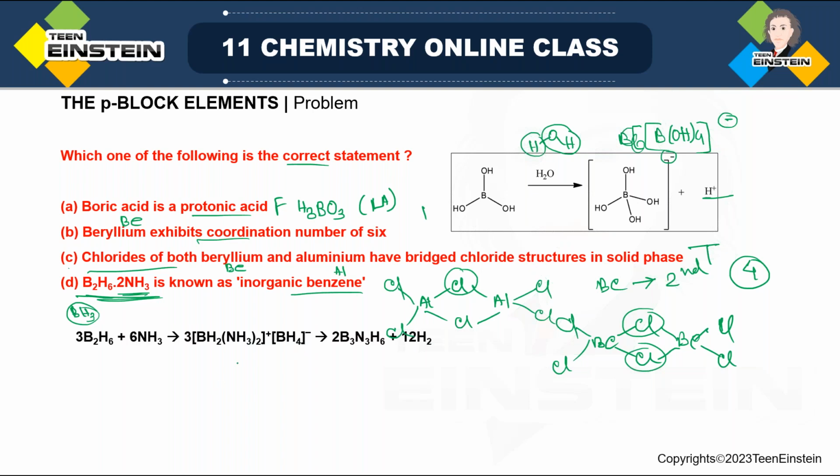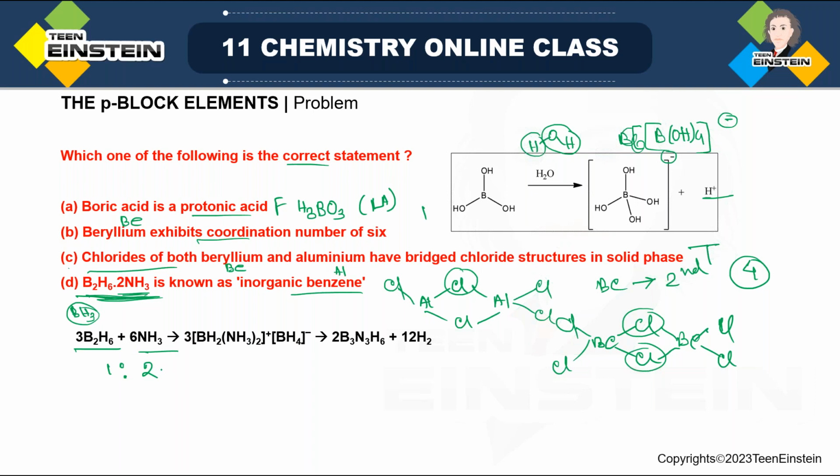But actually, if you consider this equation, then only you will be able to understand. I am showing this equation again; it was already shown before in the properties section of diborane, under how it reacts with ammonia. Once again, we will see it here: 3 moles of B2H6 with 6 moles of NH3. That means the ratio is 1:2, the same ratio you can see here.